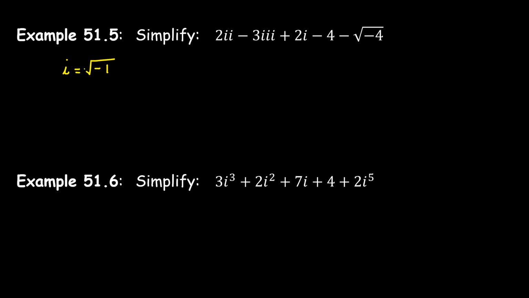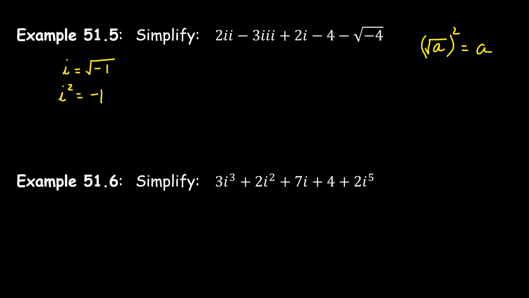So if i is the square root of -1, that means that i squared is -1 because that's the definition of square root. The square root of A is just the number that you multiply by itself to get A. That's what square root means. So i is the square root of -1, so i squared is -1.